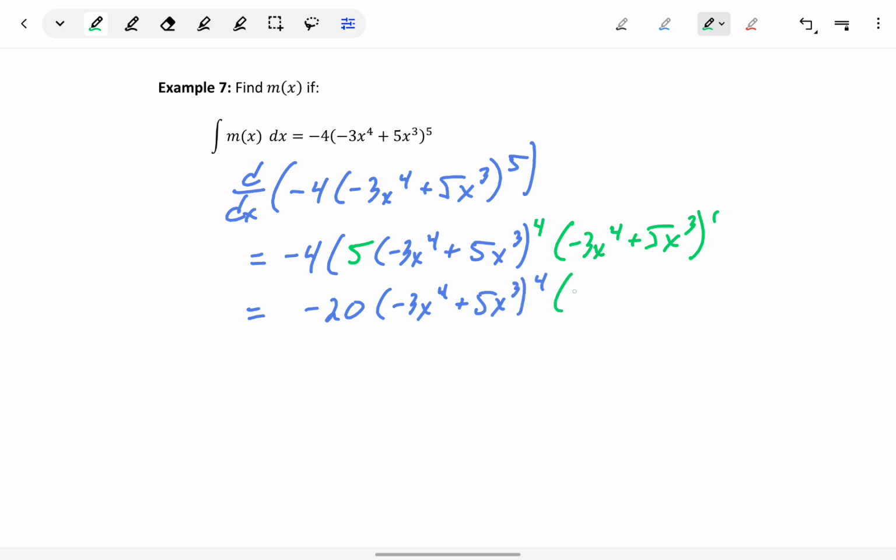And the derivative of that interior function will be negative 12x cubed plus 15x squared.